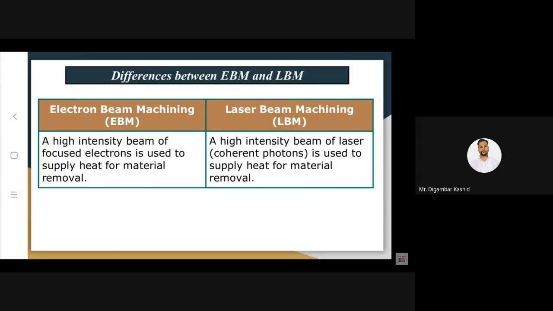So first point about the EBM, a high density beam of focused electrons is used to supply heat for the material removal purpose. And in case of laser beam machining, a high intensity beam of laser, that is coherent photons, is used to supply heat for material removal purpose.